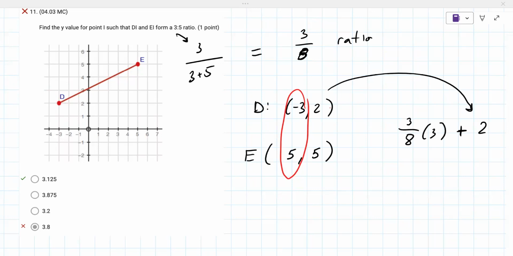Yeah, a little bit. Then I get 3.125. Yeah, that makes sense. So you can see the right way to do it.